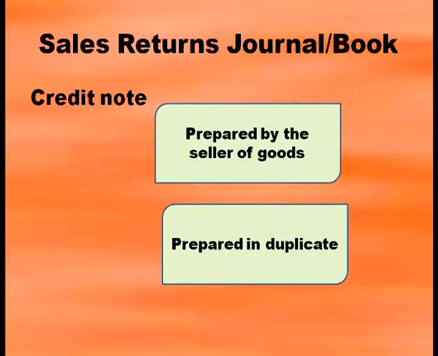When sales returns take place, you have to prepare a credit note, and it is prepared by the seller of the goods. So, who is preparing the credit note? The seller of goods prepares the credit note, and it is prepared in duplicate. 2 copies are made for the credit note.